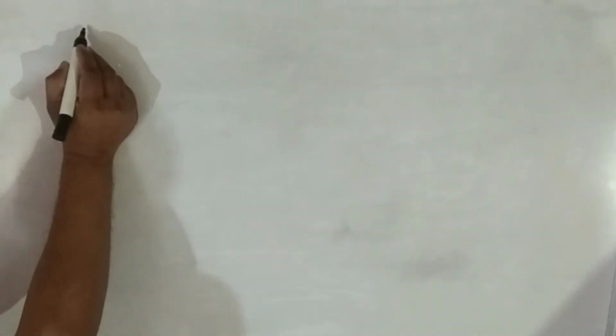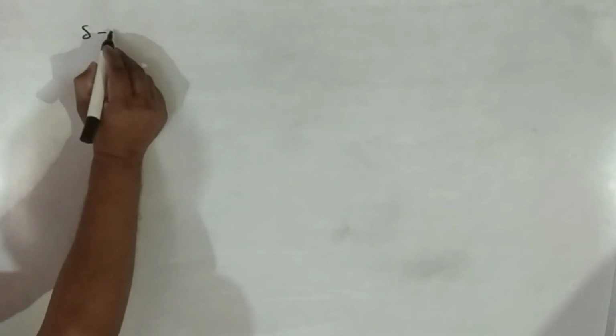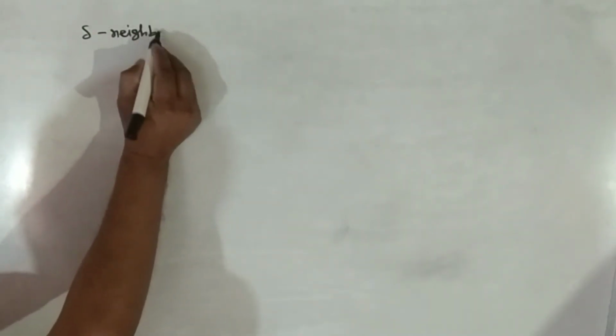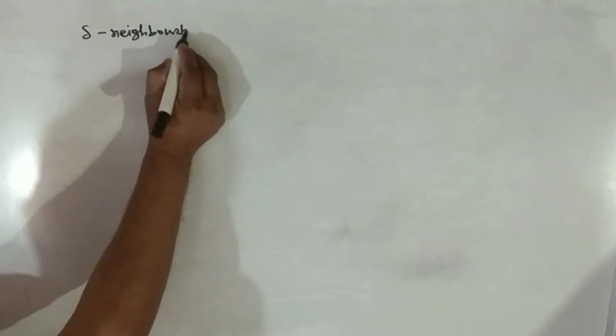The concept of limit of a function is linked with the nature of the function on a deleted delta neighborhood.